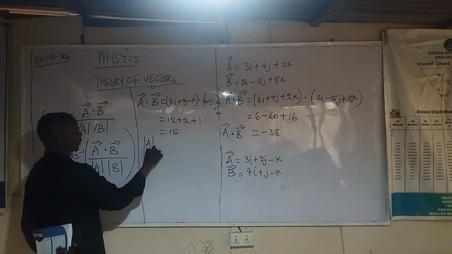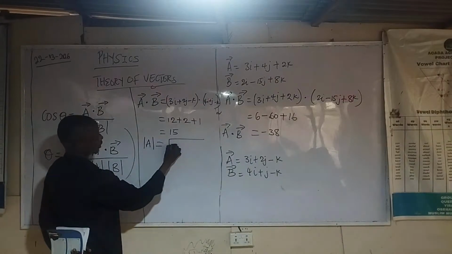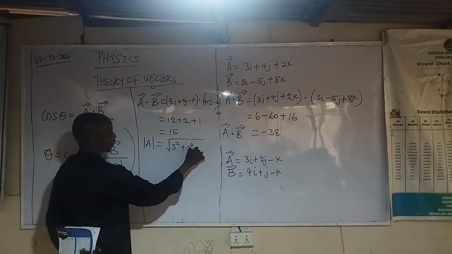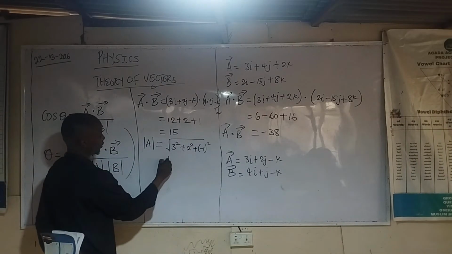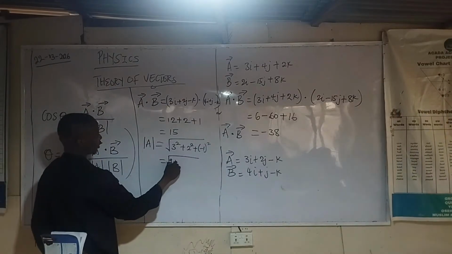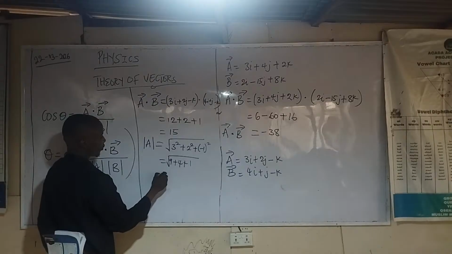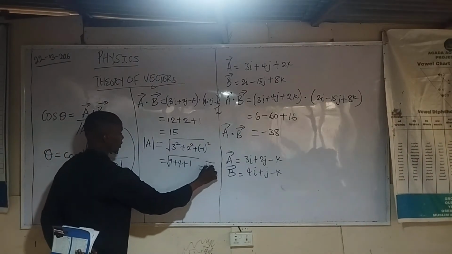Of A, what do we have? Square root of 3 square plus 2 square plus minus 1 square. Root 9 plus 4 plus 1, and this is 14, so root 14.